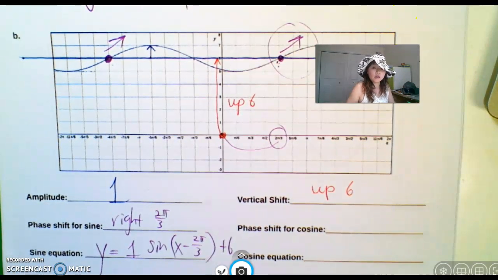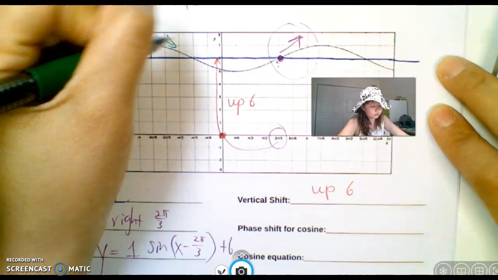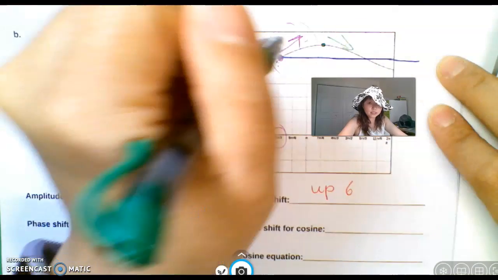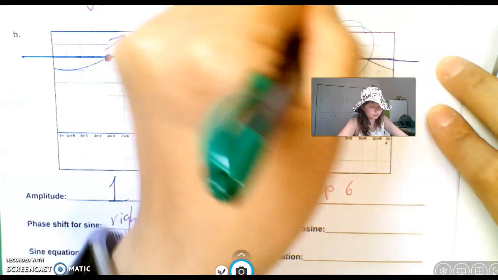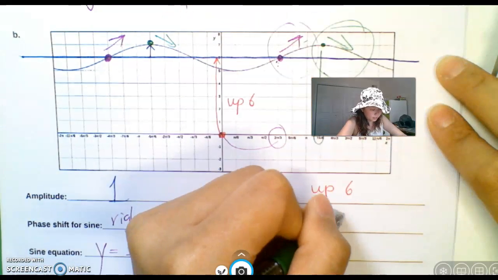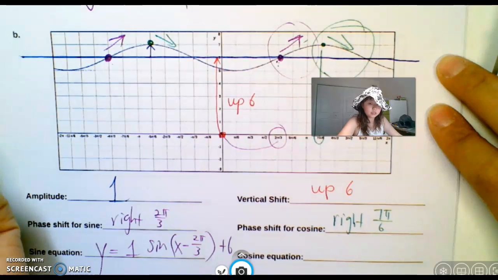Cosine. You go to the maximum point and down. You could do either point. I'm going to pick the right point. It moved to the right 7 pi over 6.